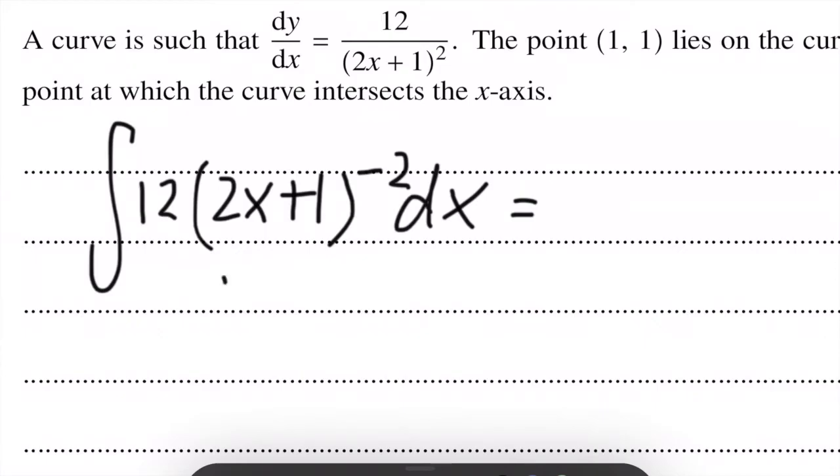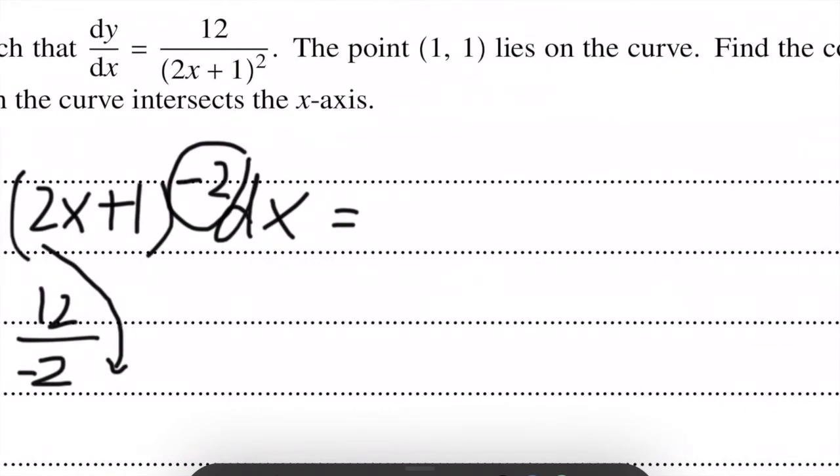To do this, you need to divide 12 by 2, which is the number here, and by negative 2 plus 1, so by negative 1. You will get negative 6.